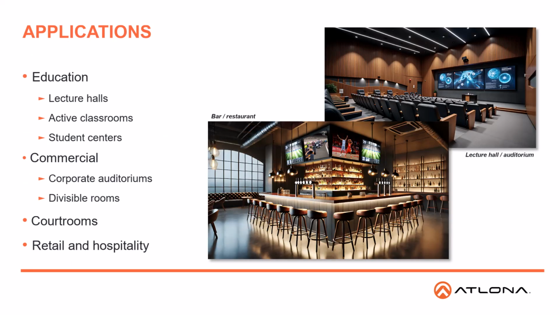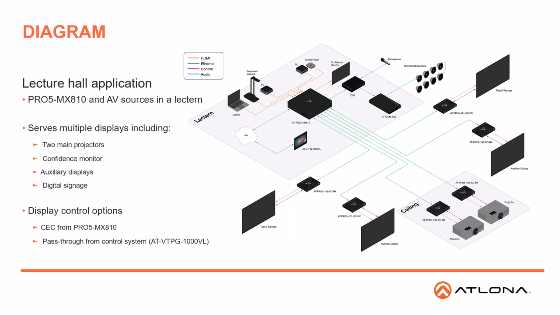Pro5 is ideal for many different types of applications that include education and commercial, as well as courtrooms, plus retail and hospitality. You're likely to find Pro5 in large settings with numerous locations for displays. Many modern lecture halls include a multitude of displays.